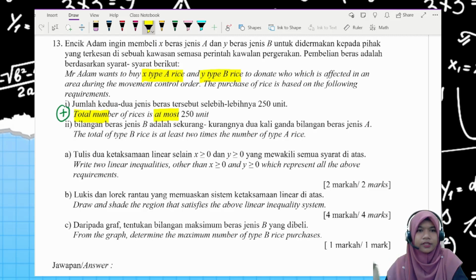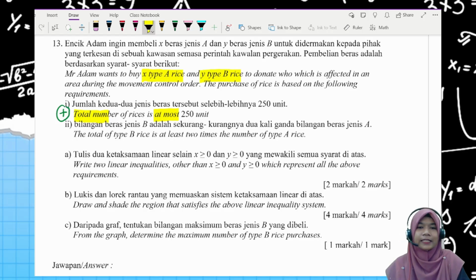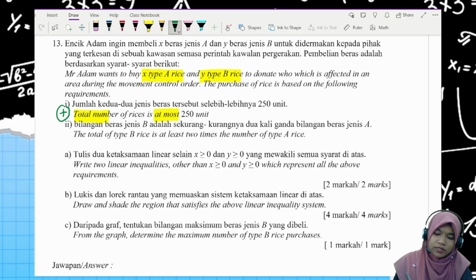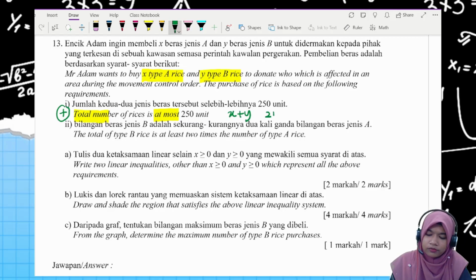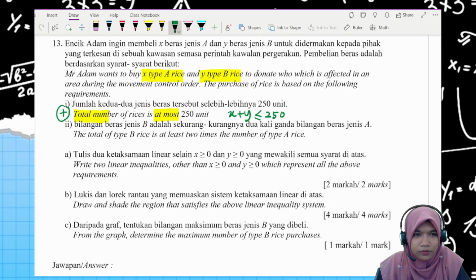The total number of rice is at most 250 bags. At most means that the total must be at most, selebih-lebihnya, which means the maximum value is 250. So the first inequality, the total is x plus y, at most, less than or equal to 250.